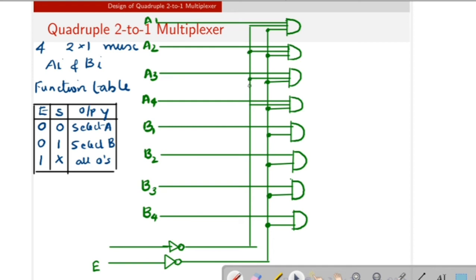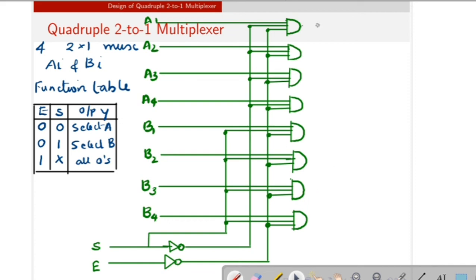Next, S is equal to 1 selects B, so here we draw the S input, that is given to B1, B2, B3 and B4. So darken the connection points.